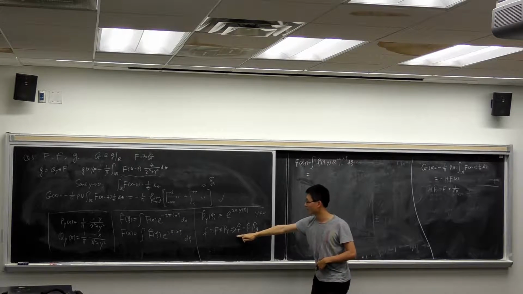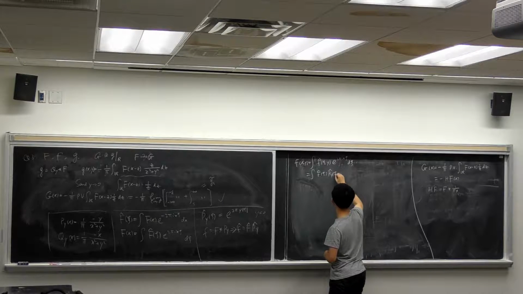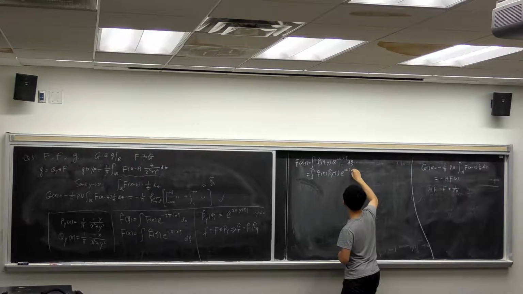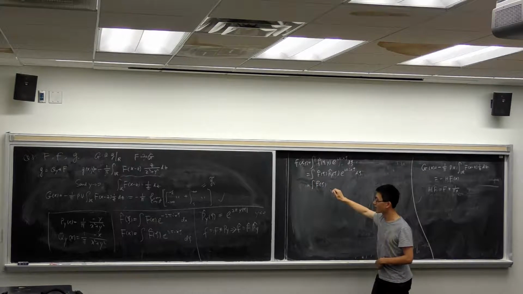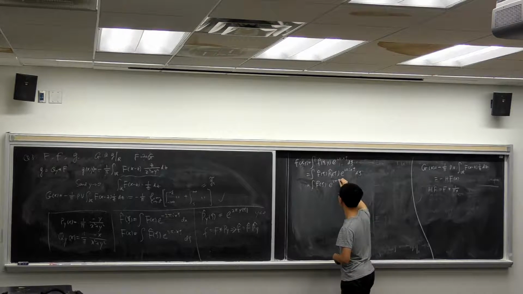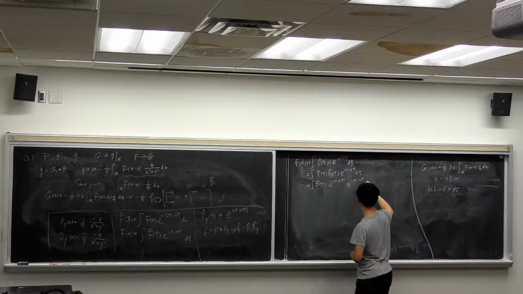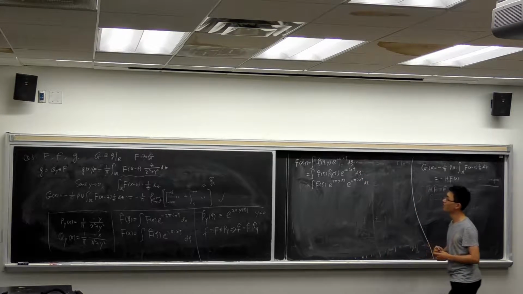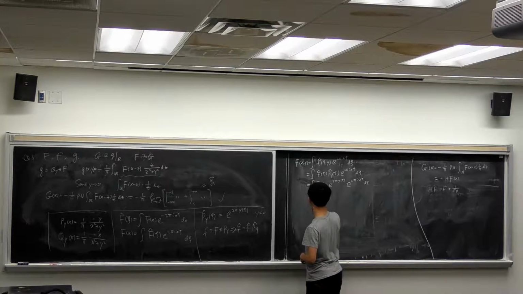Then I plug in the identity here. So this tells us that this is f hat of xi times P_y hat of xi times e to the 2 pi i x xi d xi. And this is F hat of xi, P_y hat is e to the 2 pi y xi, times e to the 2 pi i x xi d xi. So this is for little f.